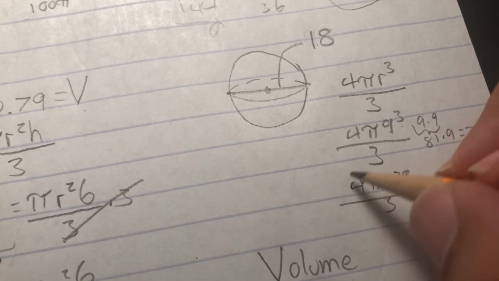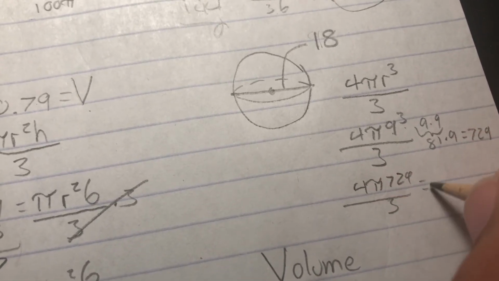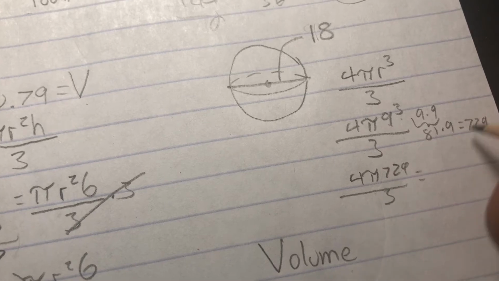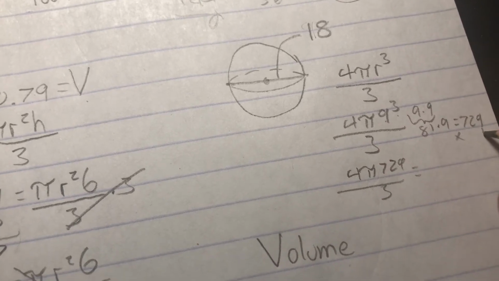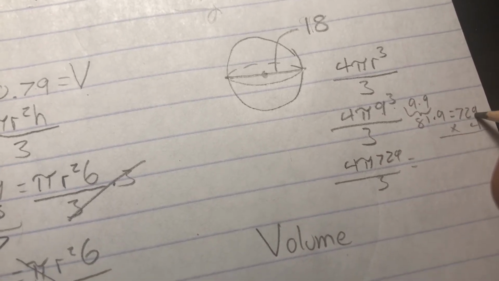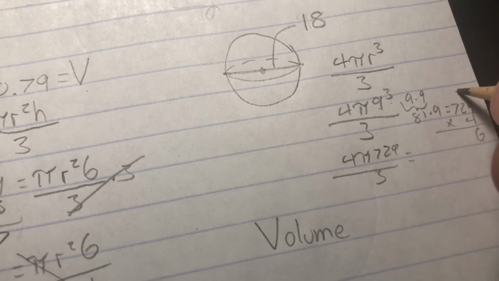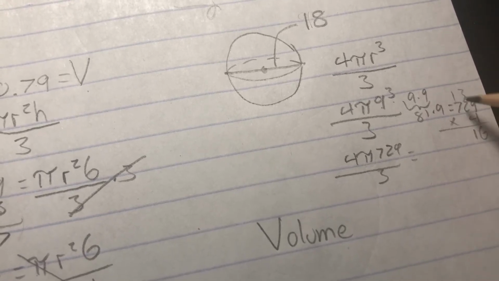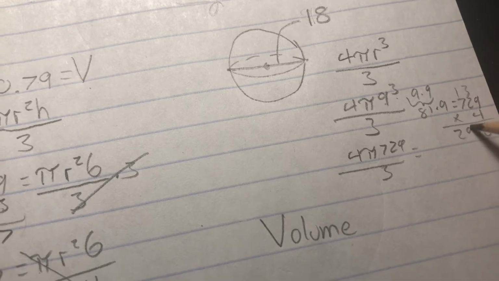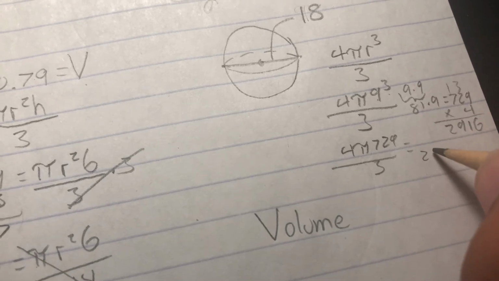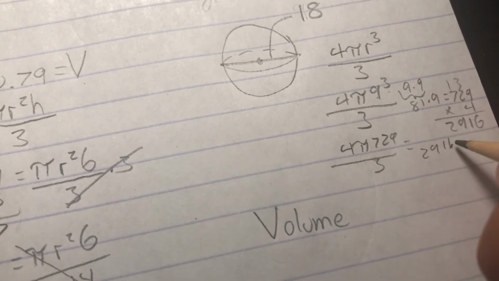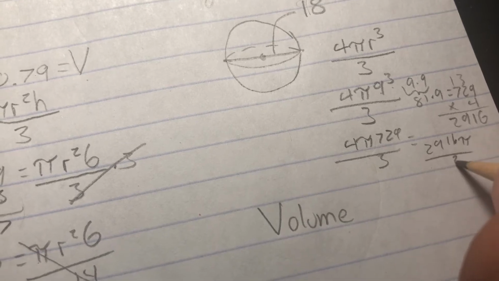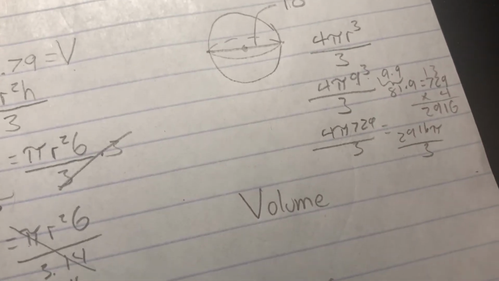Then we got to multiply by 4. So 4 times 729, so that'll be here. 4 times 9, that's going to be 36. 8, 11, 28, 29. So that's going to be 2,916 pi divided by 3. Divide this by 3.